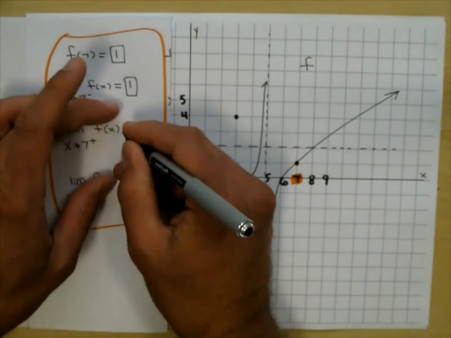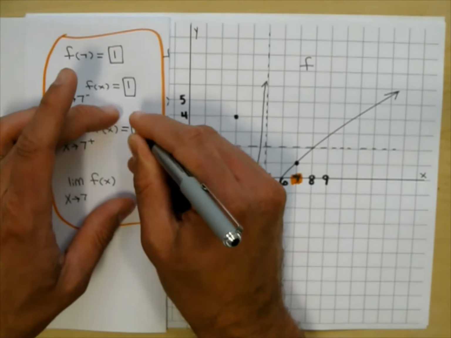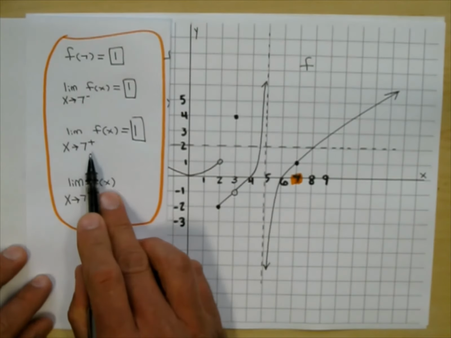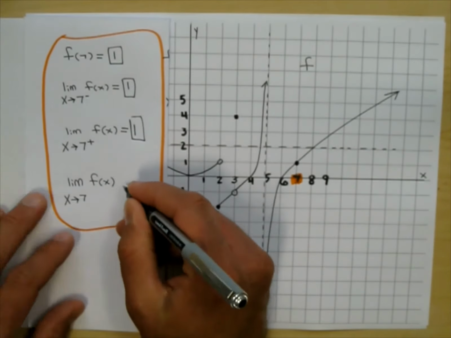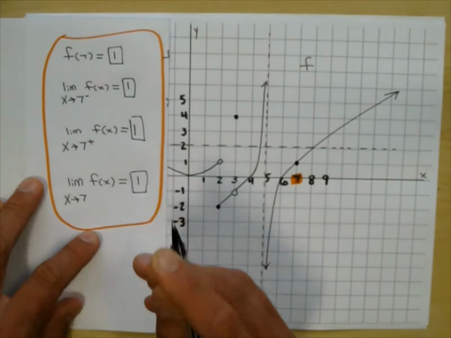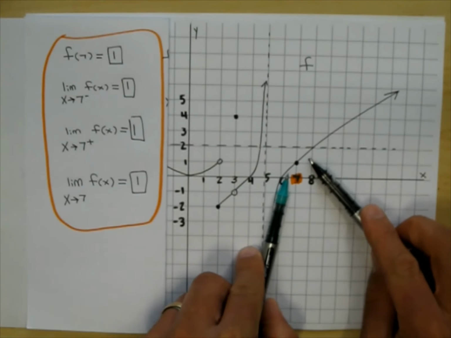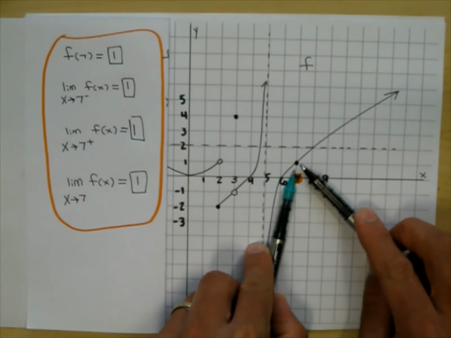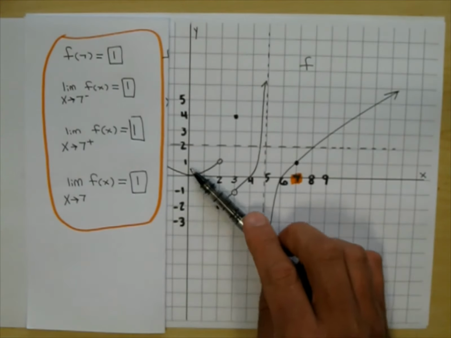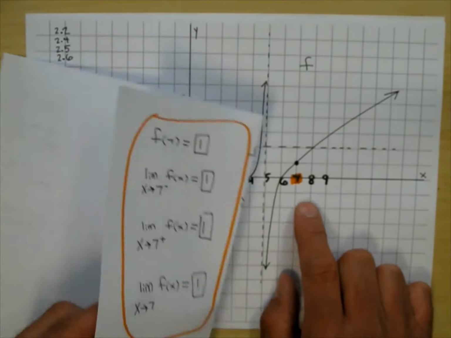Well, it's 1 as well. Now we could say, look at this, the left-hand limit equals the right-hand limit, and so the limit as you approach from both sides happens to be 1 as well. The other way is, you say, are those two bugs going to meet? And yes, they are, and they're going to meet at the y value of 1. So that analyzes the point 7.